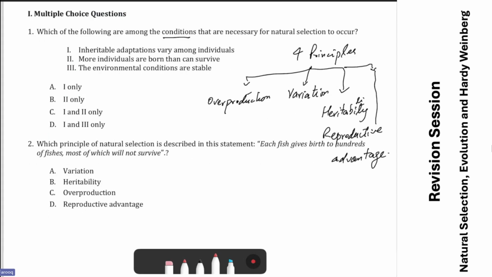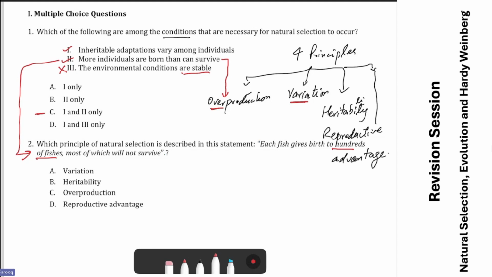Moving to next question. Which of the principles of selection is described in this statement? Again, same kind of question, but in a different way. Each fish gives birth to hundreds of fish. So it means more than they can survive. So this number 2 is asked over here also, when we said number two was overproduction. So you can easily conclude from here. This is how you work.